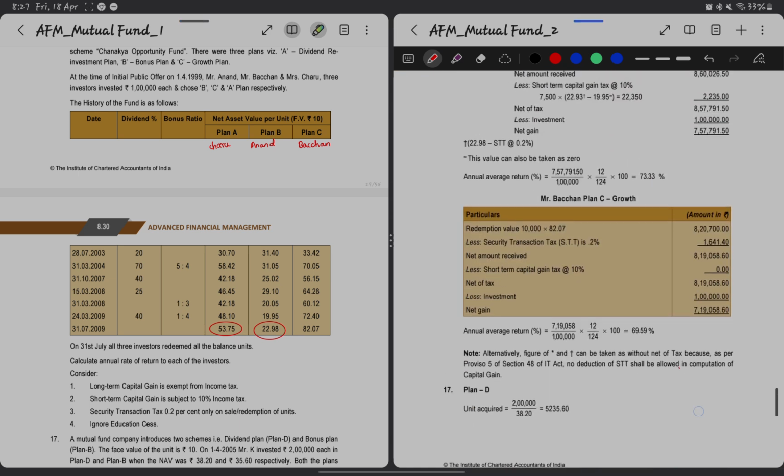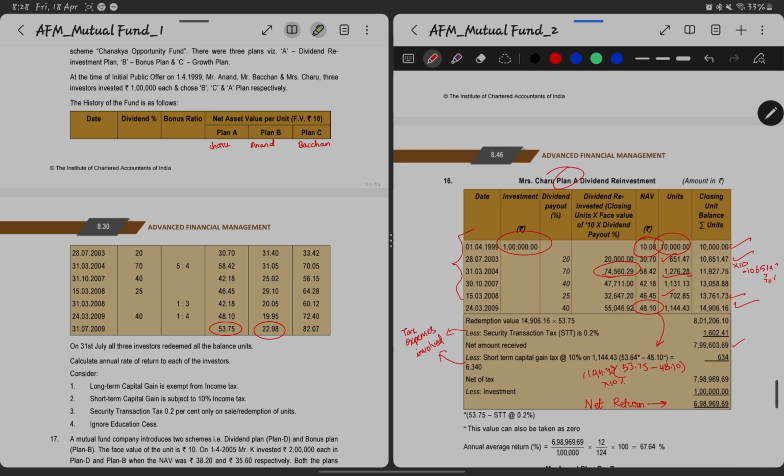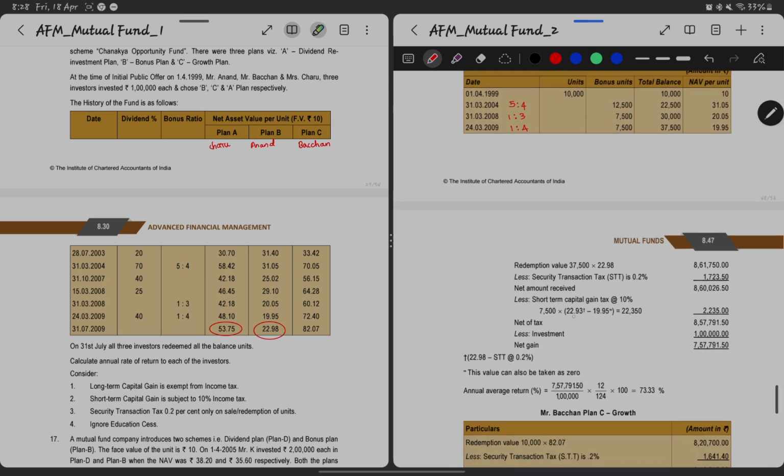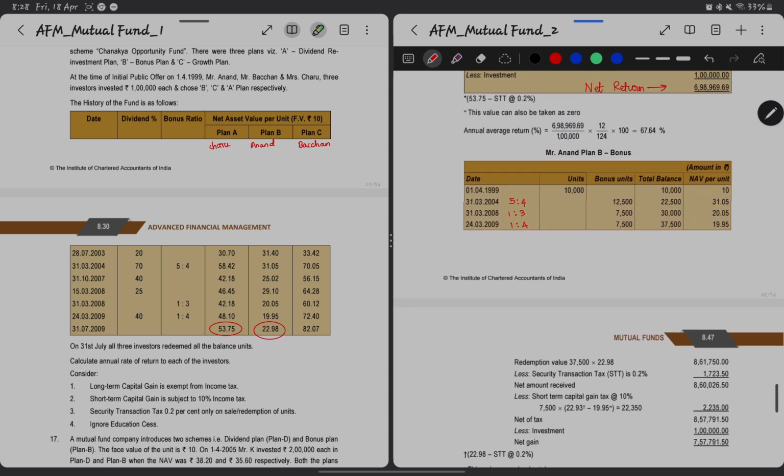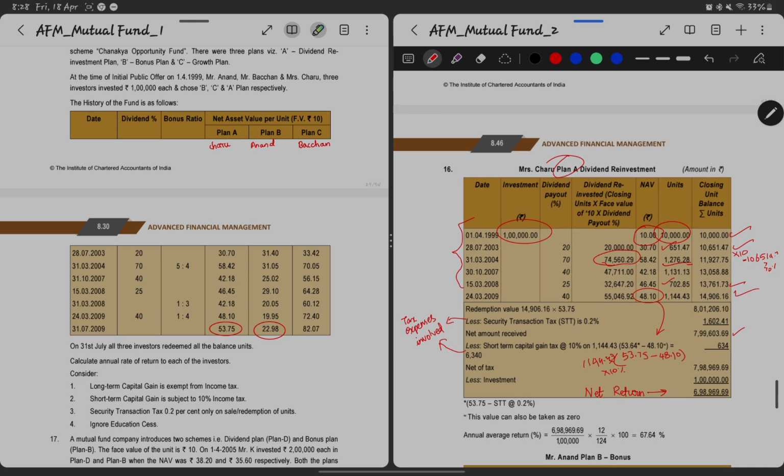If we see down, they've given an alternative figure with the star mark, which is nothing but this 53.64, and then in the next one 22.93. So STT can be taken as without net of tax, because as per proviso 5 of section 48 of the IT Act, no deduction on STT shall be allowed in computation of capital gain. So that is also fine.